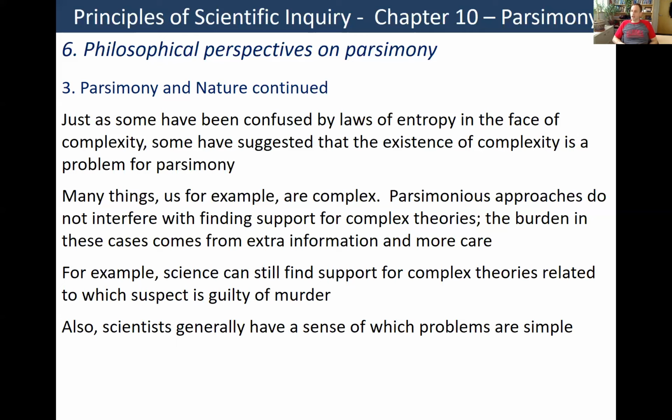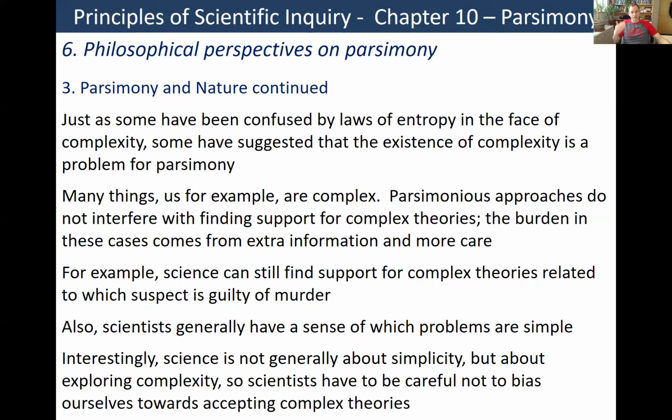Okay. Scientists generally have a sense of which problems are simple, right, versus which problems are complicated. So, for example, climate is somewhat complicated, right? There's a number of things that can contribute to global climate patterns, from the sun to certainly seasonal differences, annual differences, differences in tidal effects, things like that, and CO2, of course.